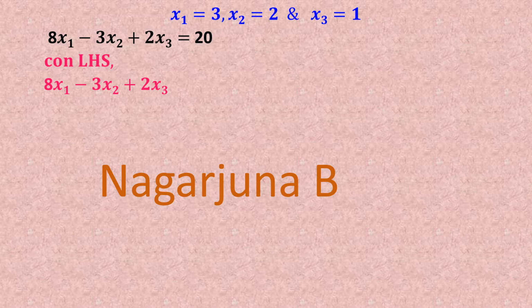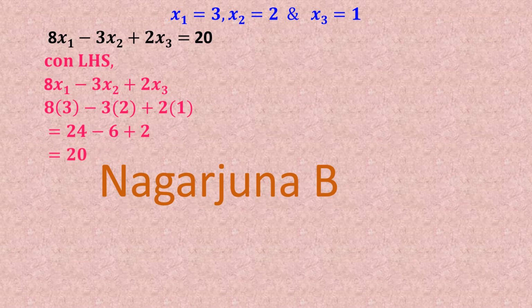So it will be equal to 8 into 3 minus 3 into 2 plus 2 into 1. 8 threes are 24, minus 3 twos are 6, plus 2 ones are 2. 24 minus 6 plus 2. 24 minus 6 will be 18. 18 plus 2 equal to 20.